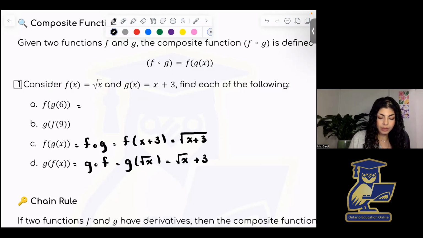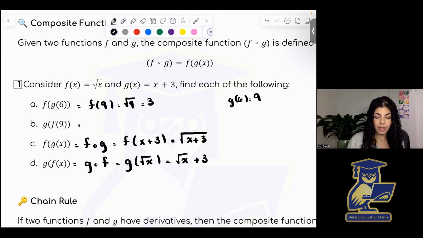And now let's try these two examples. So g of 6 is just 9. So then when we have f of 9, this is just square root of 9, which is 3. And for the second one now, f of 9 is square root of 9.